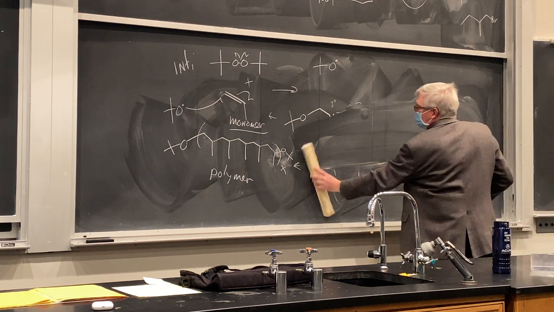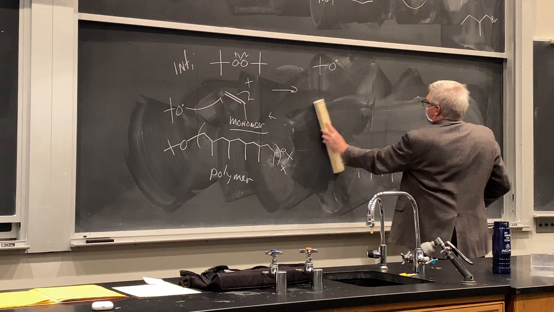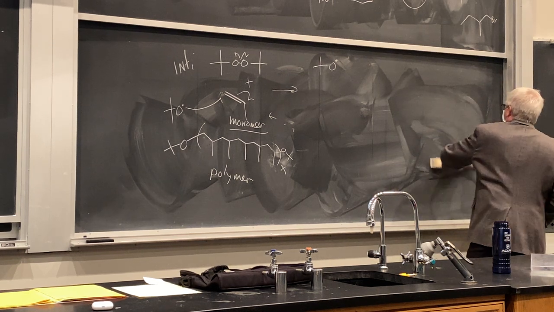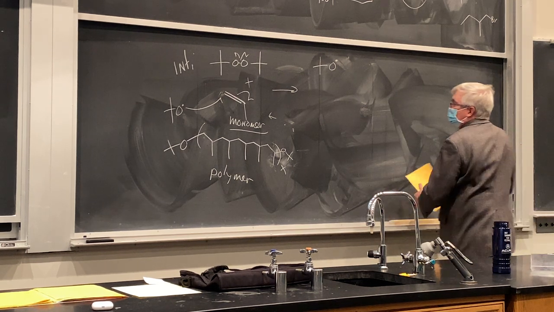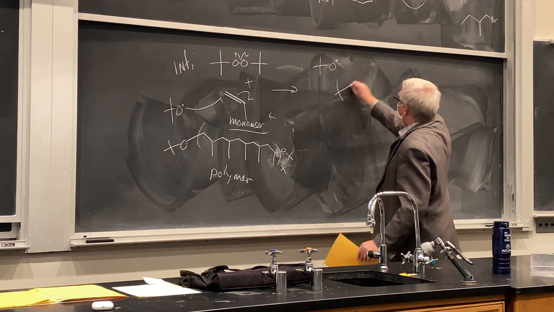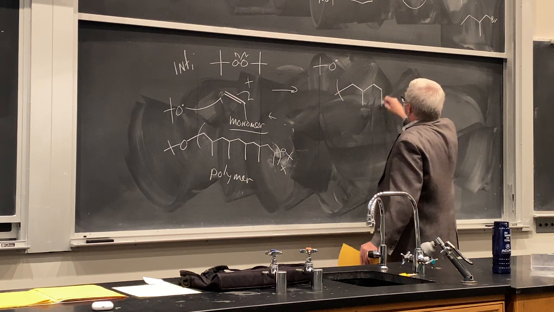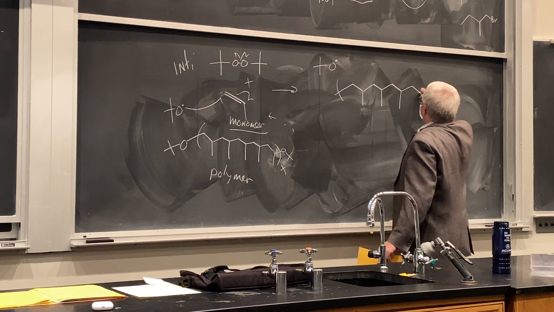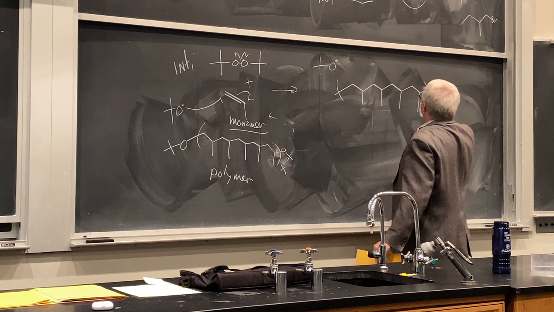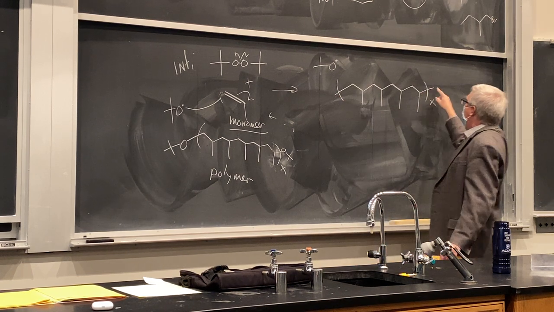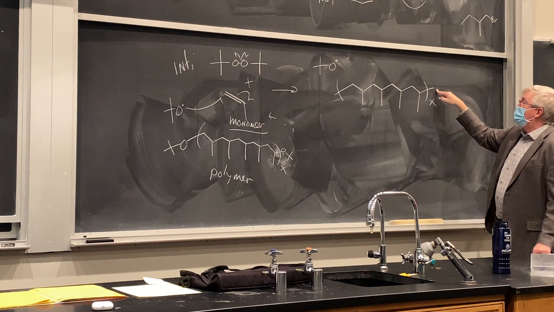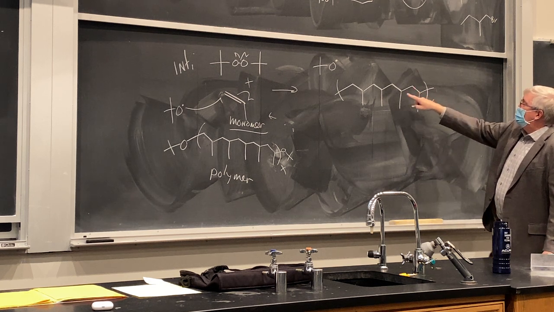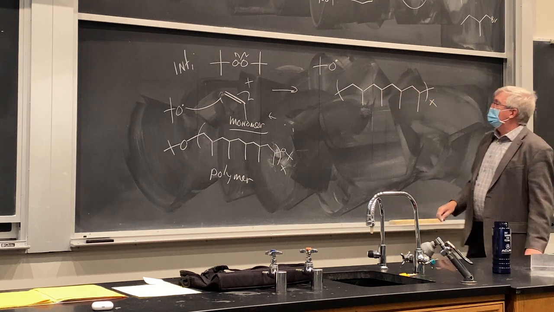So from propene there, we just draw it like this. And we don't need to draw 4 or 5 or whatever specified number of units. So we'll just leave the ends undefined. That's okay, as long as we show the monomer units correctly coming together.